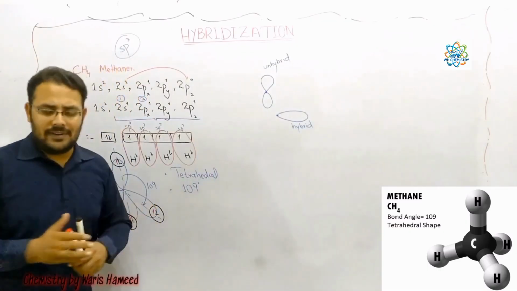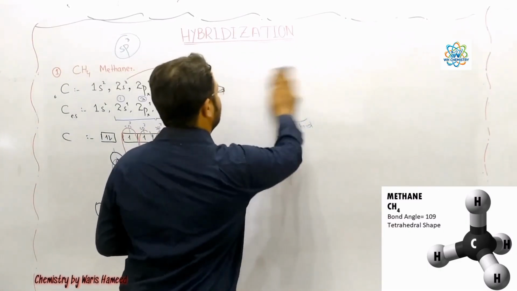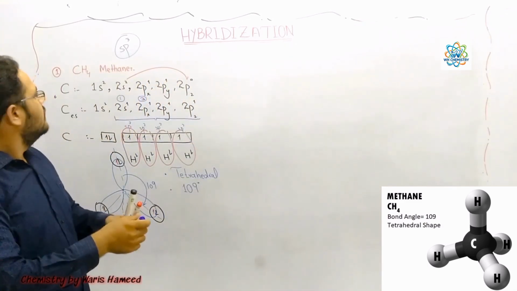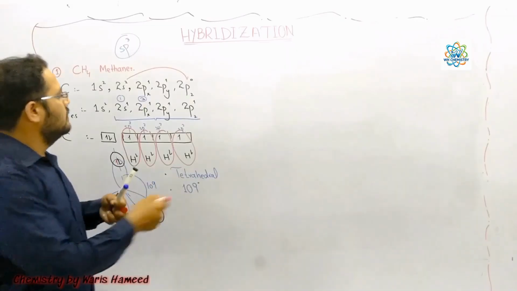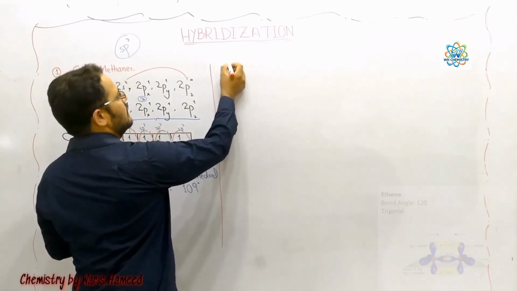Now moving toward the next example of hybridization. Here is ethene.